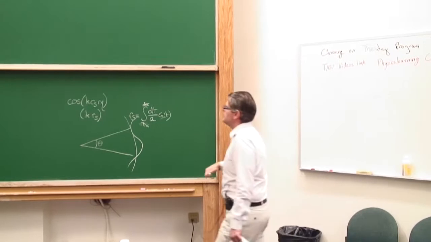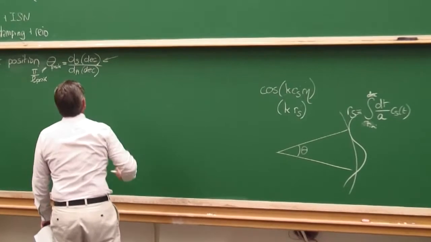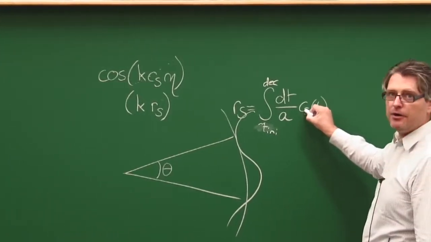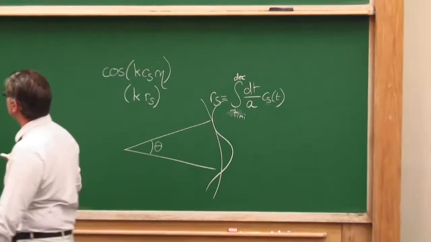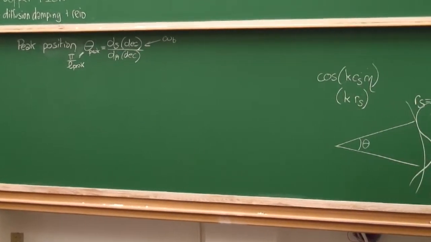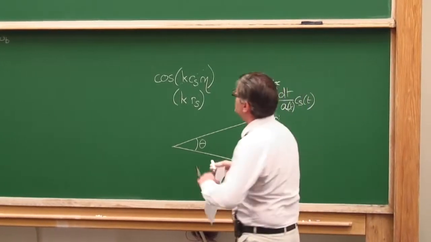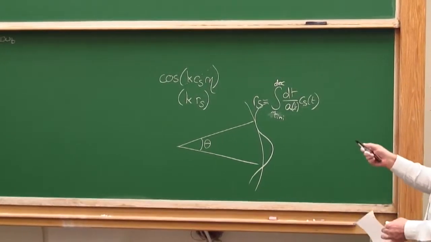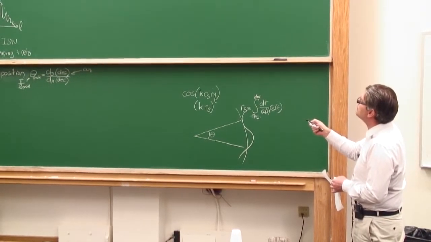On the denominator, I have on the contrary a quantity depending only on an integral between us and the last scattering surface. What are the parameters controlling this? In this integral, you will have a dependence first on omega baryon, because remember that omega baryon enters into the sound speed. There was an R parameter. So this depends on omega baryons. Next, when you integrate, the function A of t is important. Is the function A of t completely fixed before recombination? No, because we don't know when equality took place before recombination.